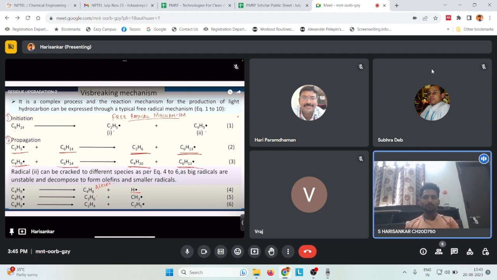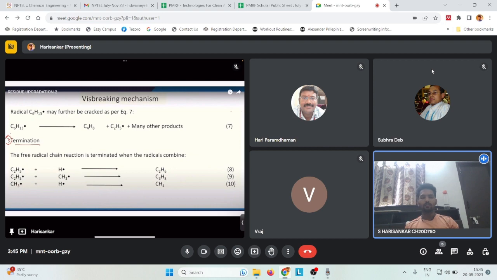So initially we had a C6 compound, and now it is breaking down into C2, C3, C4, and C5 range compounds. You can see the carbon chain length is decreasing, and because of this, the viscosity is also decreasing, which explains the process of visbreaking.